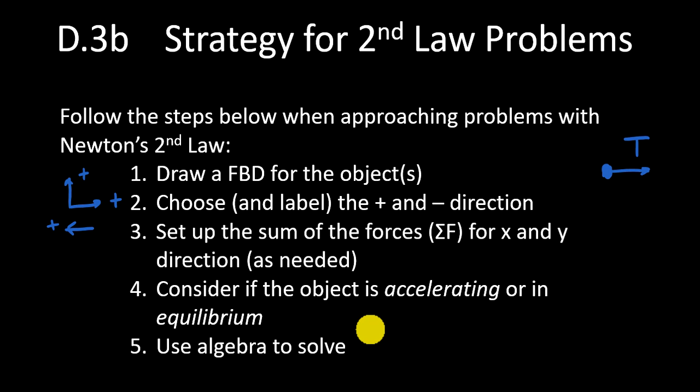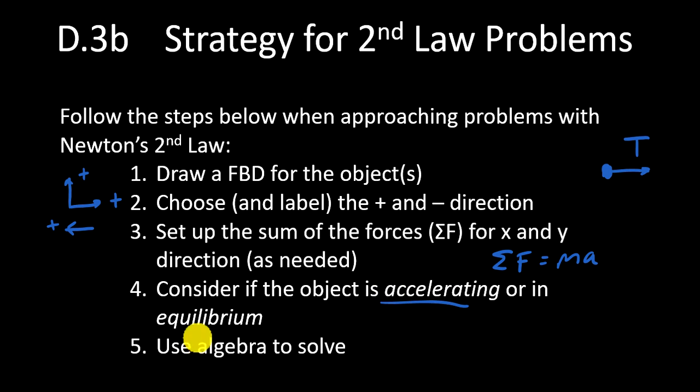Step 4 is really to figure out how we need to approach the problem based on what the second law is going to be equal to. What I mean by that is we know the sum of the forces is equal to ma. Well, if the object is accelerating, once we have our list of forces, we, of course, know to equal that to the mass of the object times its acceleration. The object, however, might not be accelerating.